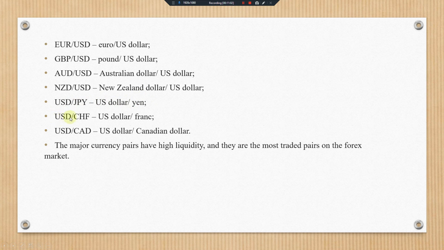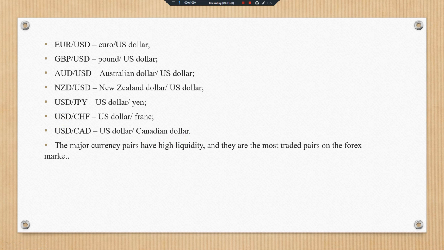We have the USD CHF, which is the US dollar and the Swiss franc. And then we have the US dollar paired with the CAD, which is the Canadian dollar. Now, these are the major currency pairs. There should be 7 or 8. 1, 2, 3, 4, 5, 6, 7. Now, the major currency pairs have high liquidity and they are the most traded pairs on the Forex market.